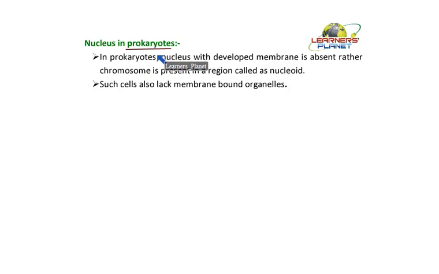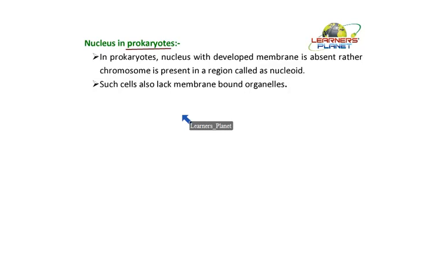Besides this, in the nucleus of eukaryotic cell, there is the presence of nucleoplasm. That means the matrix inside the nuclear membrane, which is holding the particular region, nucleolus, or the nuclear material, that is chromosomes, etc. That matrix is known as nucleoplasm.